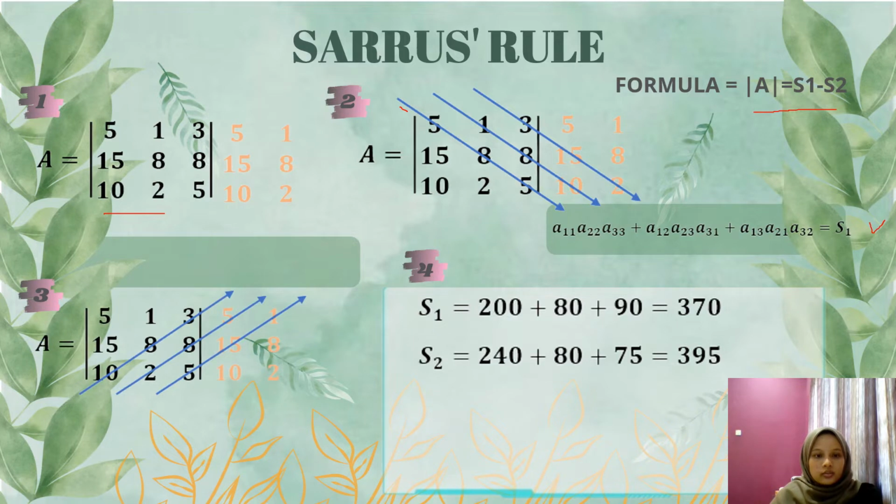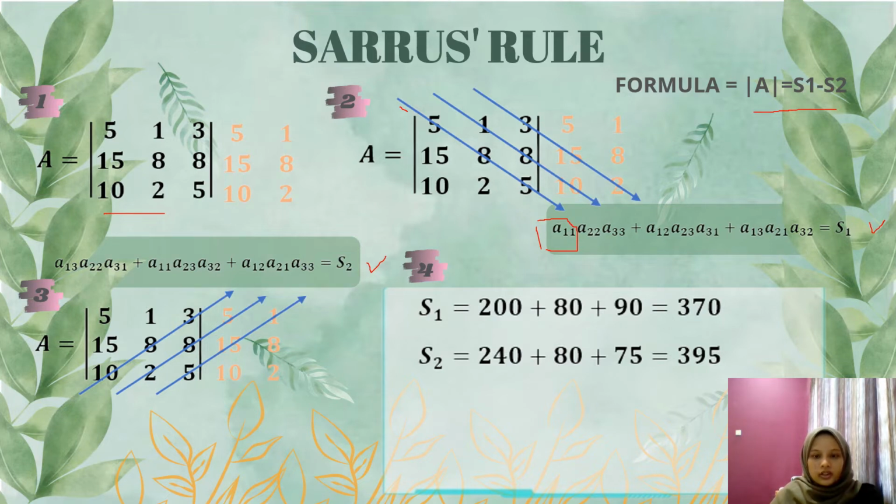Okay, the third step is the values on the diagonal from top right to the bottom left are multiplied and added together to get S2. Like this. A1 means row 1 and column 1, multiplied and added together.